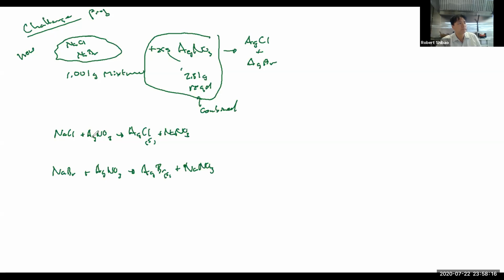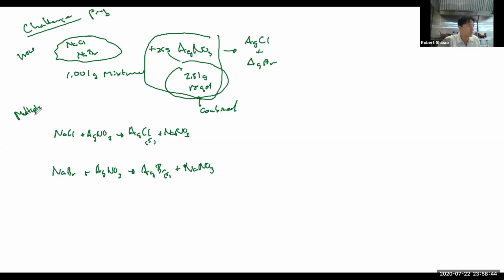But it's a unique amount and we can figure it out. And so this is how you figure it out. I don't know how much is required for each one. And this is the combined. So this is a multiple unknown problem.